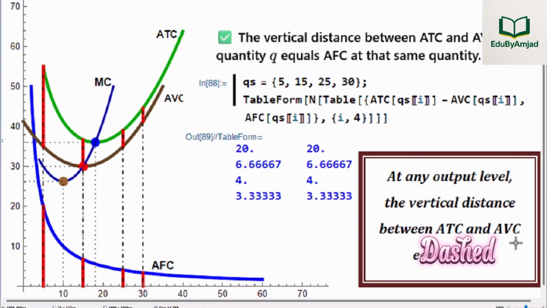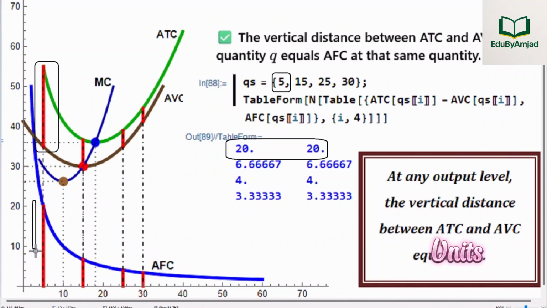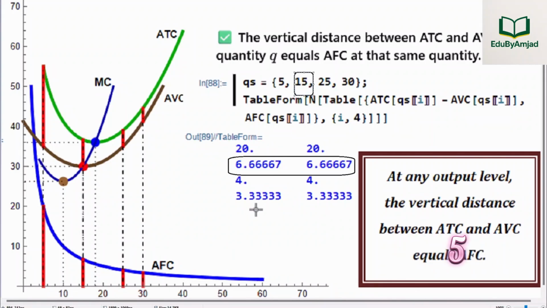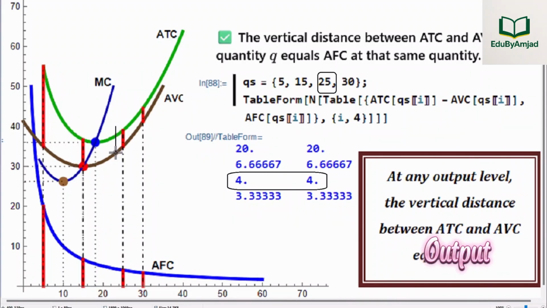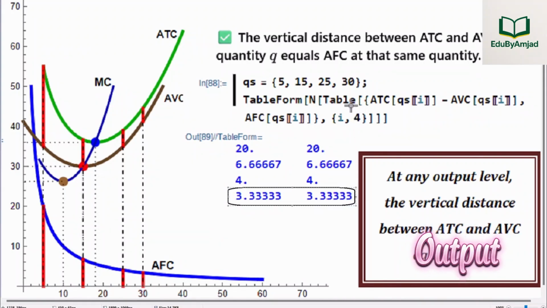As shown by the red dashed lines in this diagram, the vertical distance between average total cost and average variable cost at any output level is equal to average fixed cost at that same output. Using Mathematica, these vertical distances are calculated as 20 units of currency at output level 5, 6.67 units at output level 15, 4 units at output level 25, 3.33 units at output level 30.